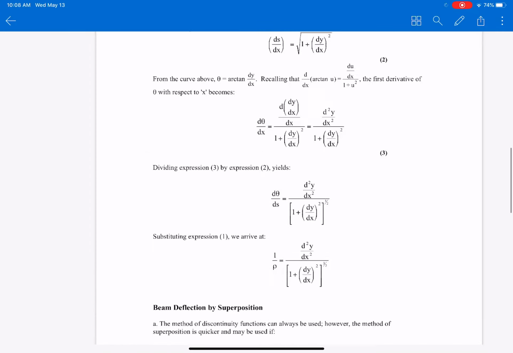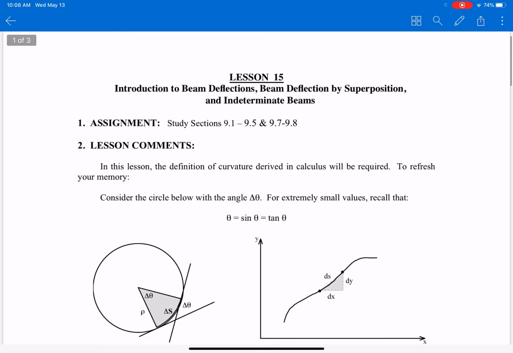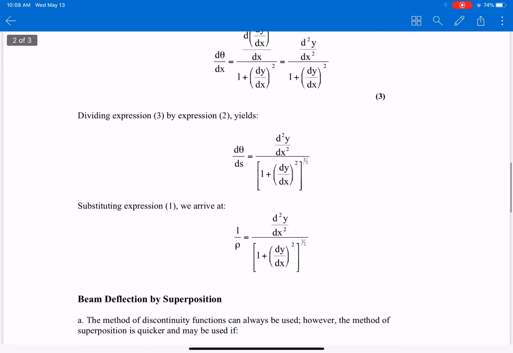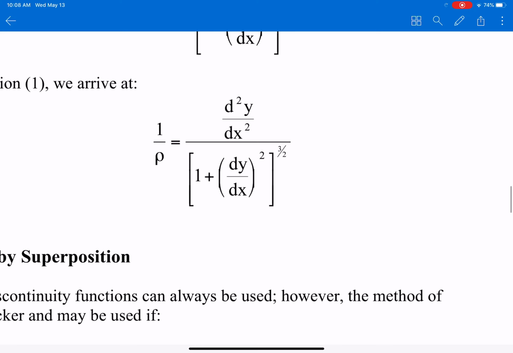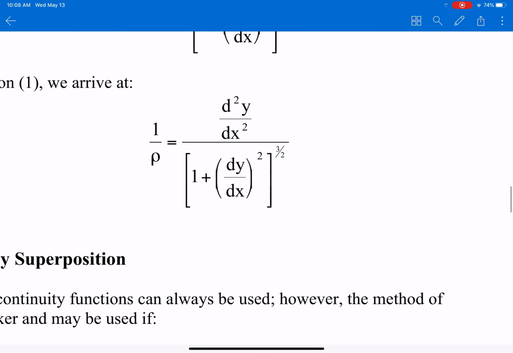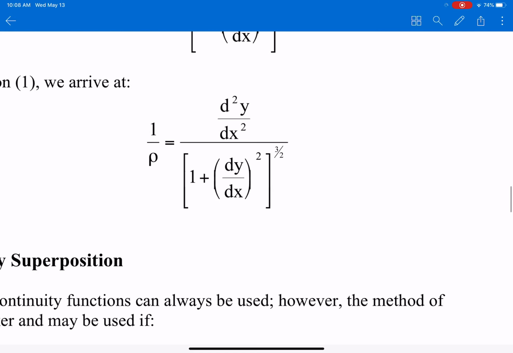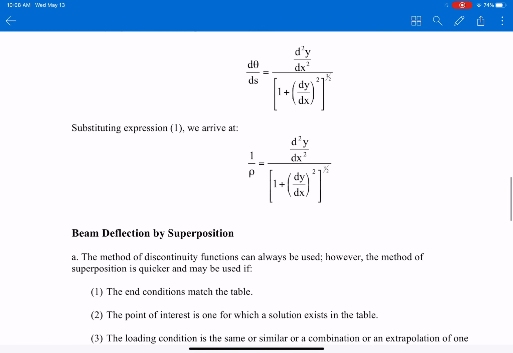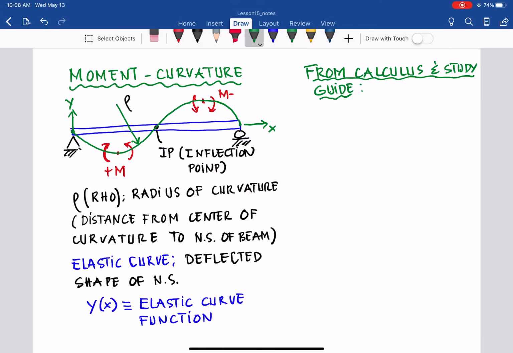So in this study guide, you can see what the study guide for this lesson is, and we have the curvature, the degree of curvature, 1 over rho equal to. Let me write that down here from that equation in our study guide.